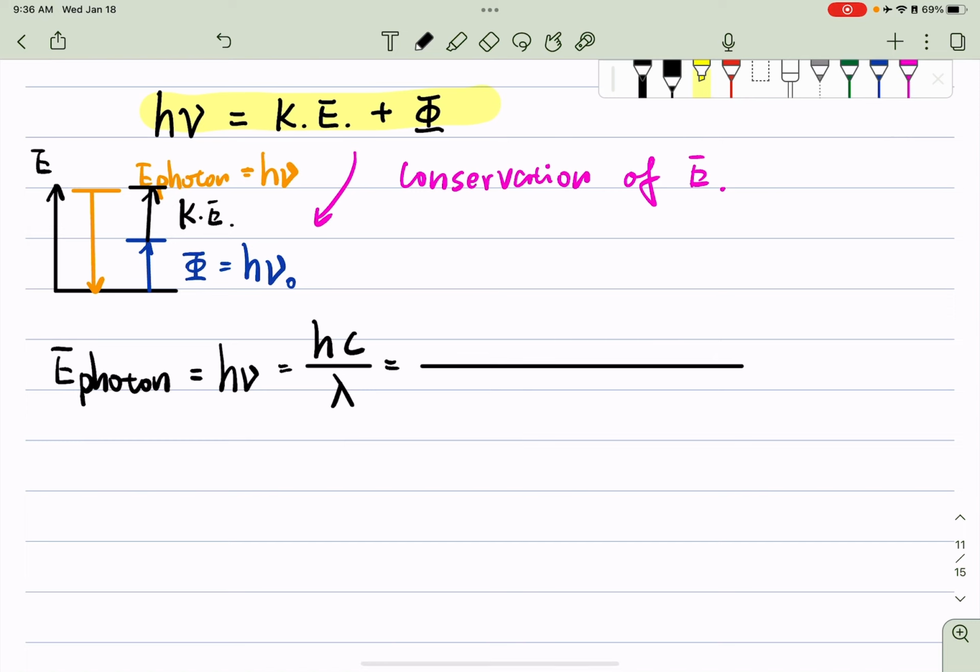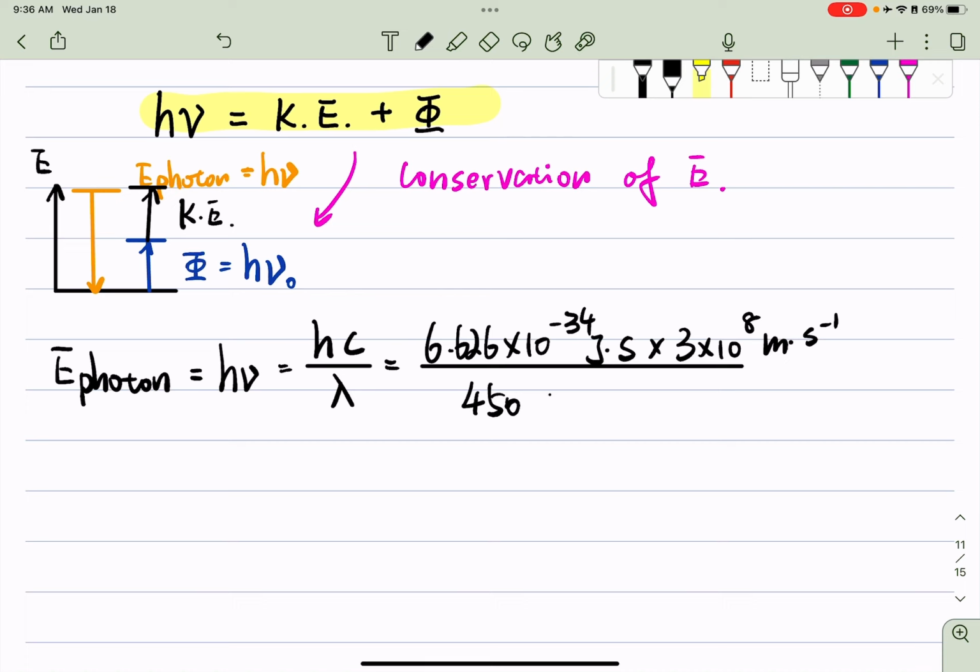We get Planck's constant, 6.626 times 10 to the negative 34 joule second, times the speed of light, 3 times 10 to the 8 meters per second, over lambda, which is 450 times 10 to the negative 9. The 10 to the negative 9 comes from nanometers to meters. And let's see how the units cancel out.